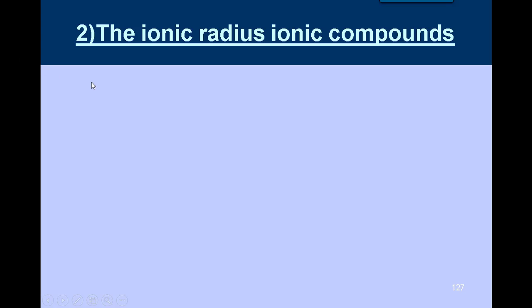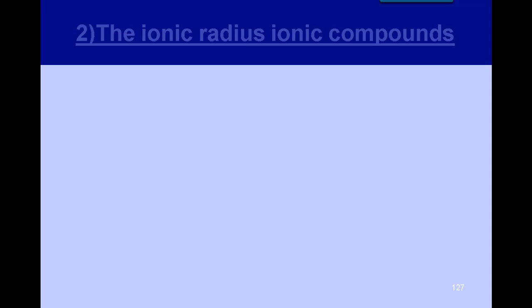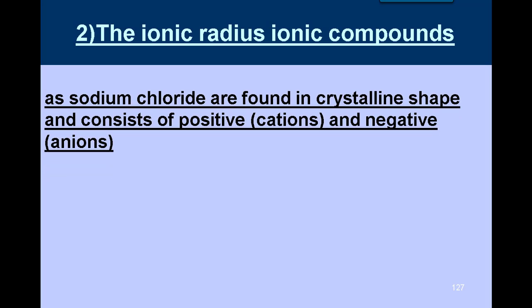The second type is something called ionic radius. For ionic compounds, we use the term ionic radius. Take sodium chloride, which is an ionic compound.